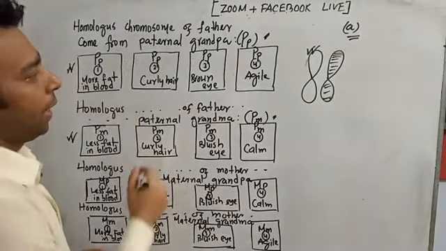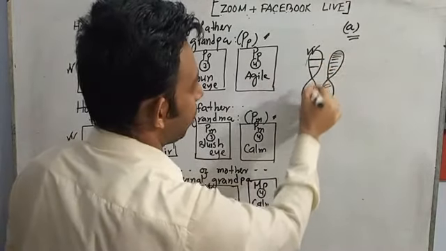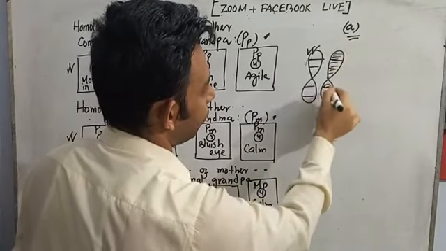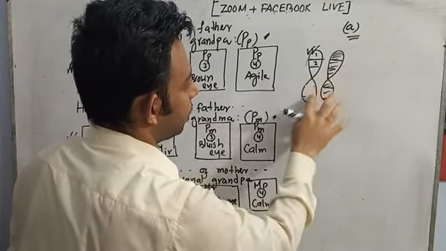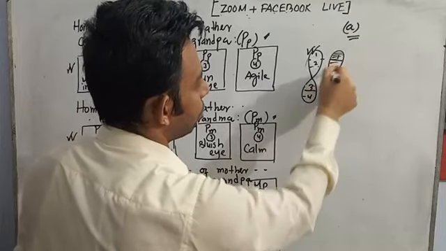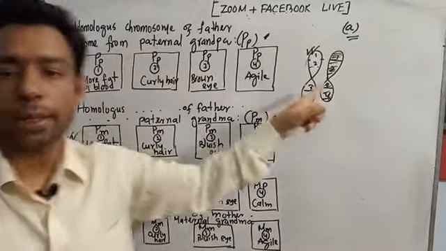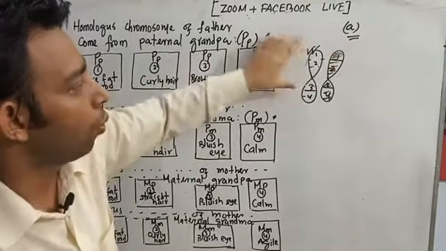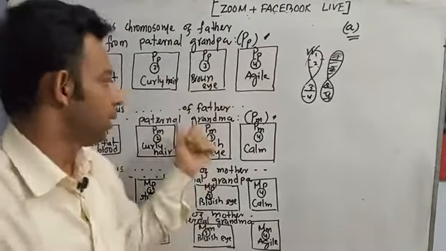And what is this? These are the loci. Inside the chromosome, look here, 1 2 3 4. These four features are inside the chromosome. These two are the father's. One came from the paternal grandpa, one from the paternal grandma.